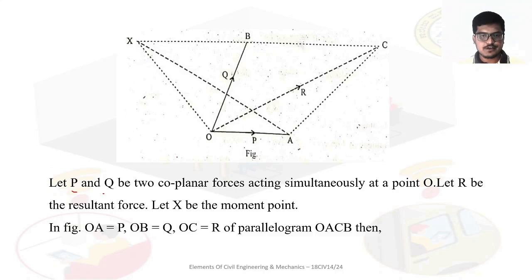In this figure, OA is equal to P, OB is equal to Q and OC is equal to R, of the parallelogram OACB. Did you understand the nomenclature? So X is the point where we should calculate the moment.